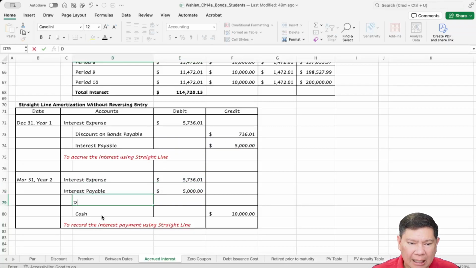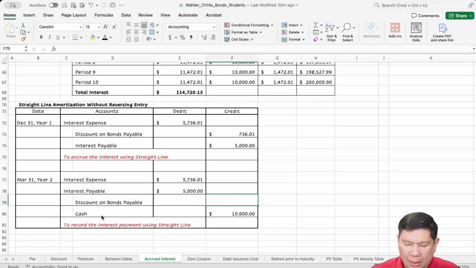And we amortize the discount on bonds payable for January, February, and March. Okay, so make sure the left-hand side and the right-hand side are equal. So that's how we prepare the accruing of bonds interest on December 31st that year.